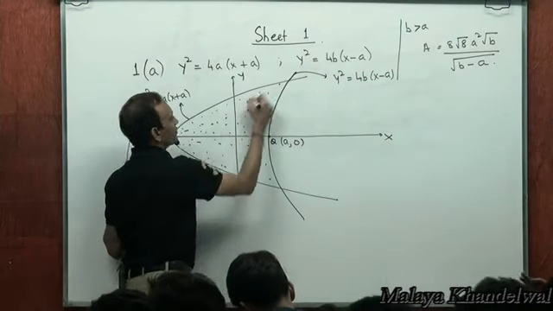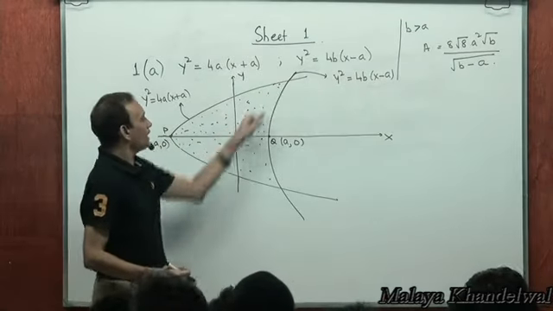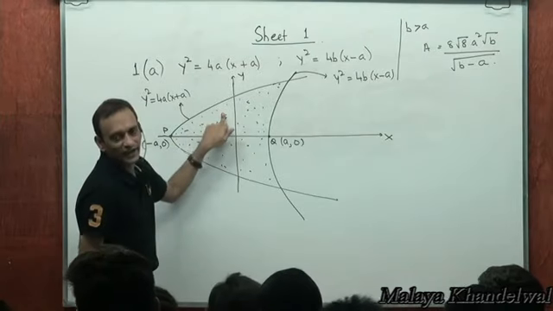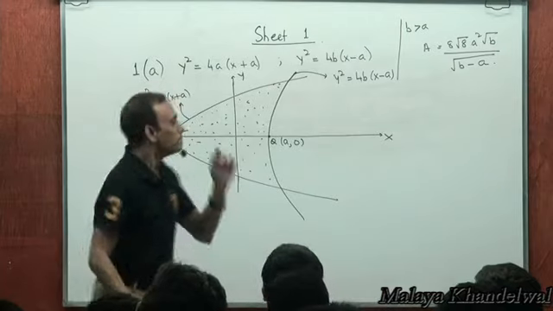This is the area that I am seeking to find. That means the area above the x-axis would be equal to the area below the x-axis. So if I find the area above the x-axis, I can double it, right?